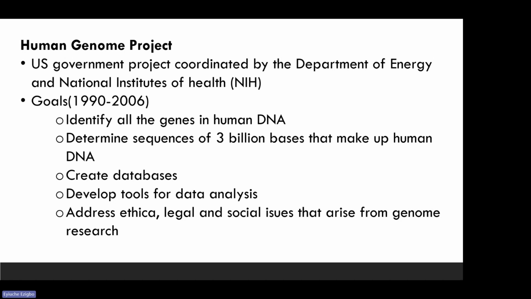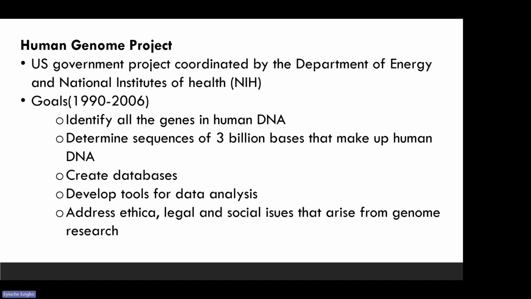They also set out to determine the sequences of the 3 billion bases that make up human DNA. And then they created a database of this human DNA, in such a way that if any disorder comes up, they'll be able to match it to that data and see where the problem is. Then develop tools for data analysis.